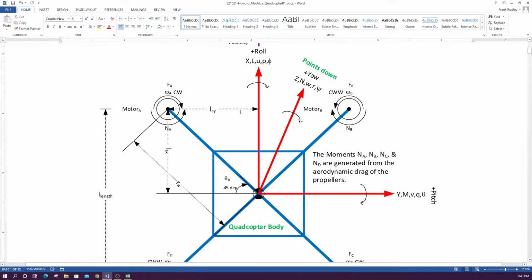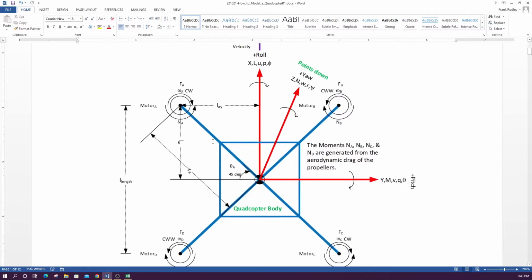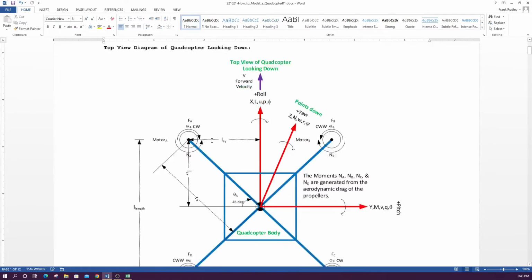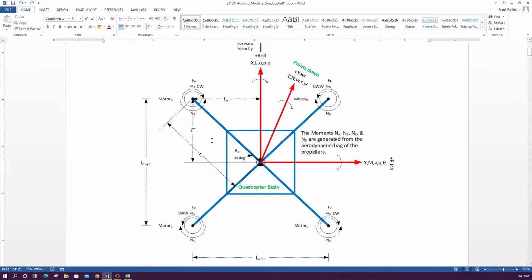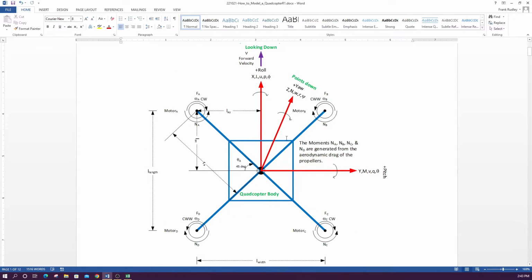Likewise, this force times the crank arm LAY feeds into this moment L. In our example, the angle here, theta A, I guess theta of the arm, is 45 degrees. It's a very symmetrical quadcopter. It doesn't necessarily have to be that way for whatever you come up with, if you were going to do your own design.